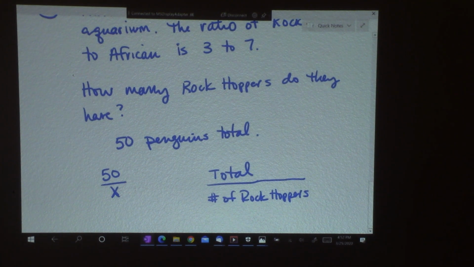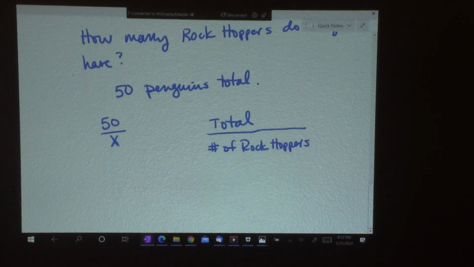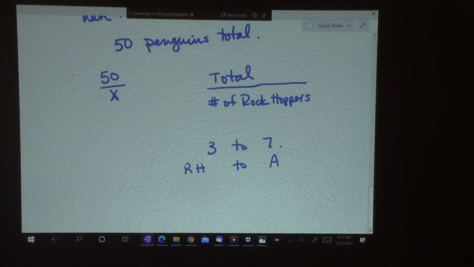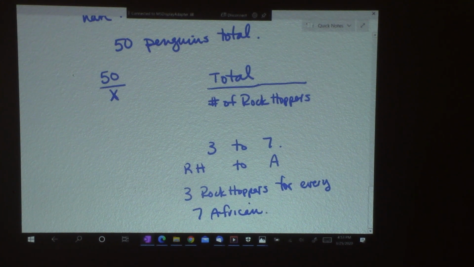What I do know is the ratio of 3 to 7. So when it says 3 to 7, and the words in the problem are rock hopper to African, that means I have 3 rock hoppers for every 7 African penguins.